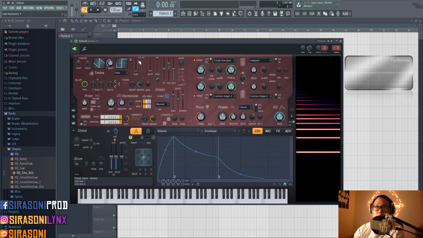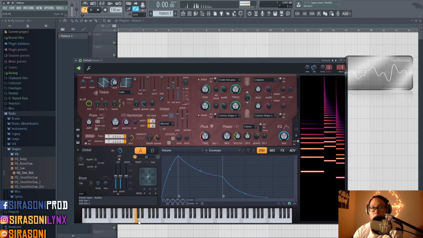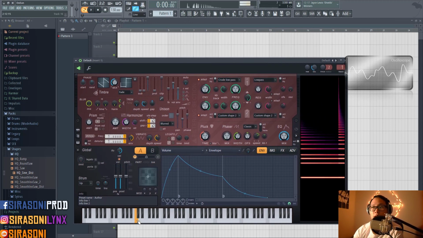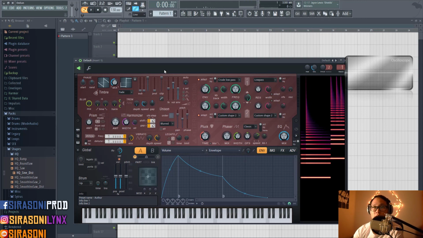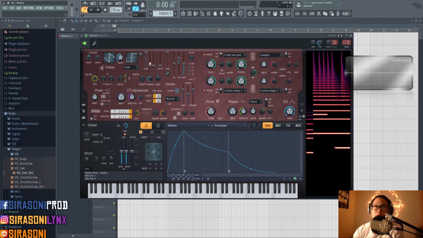So we play a C right now. It'll also have an E right over here. Okay, that's what's happening. All right, and then we can also set this to below fundamental, so all three of them play below.